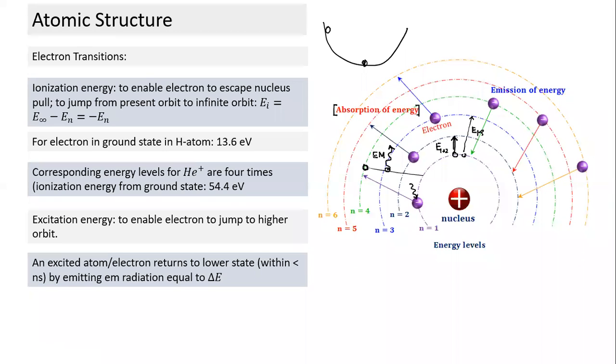And when it comes back, since there's a difference in energy level, and energy cannot be created or destroyed, the electron is losing energy. The loss of energy has to go somewhere. That energy comes in the form of EM radiation. So EM waves are emitted when it moves from a higher energy to a lower energy state, and the energy emitted is equal to delta E.